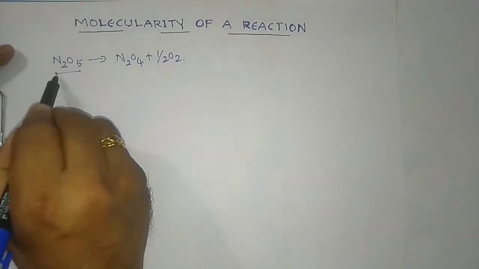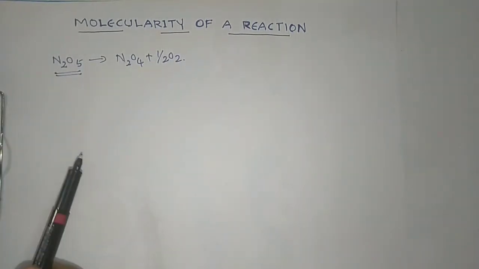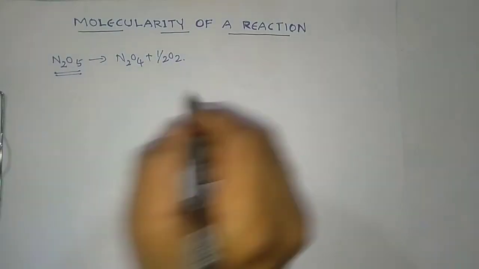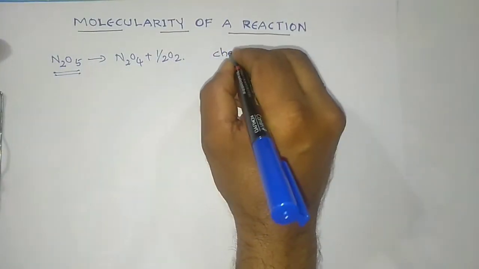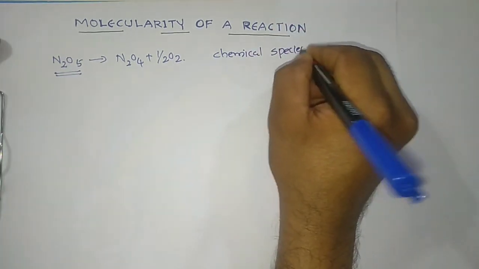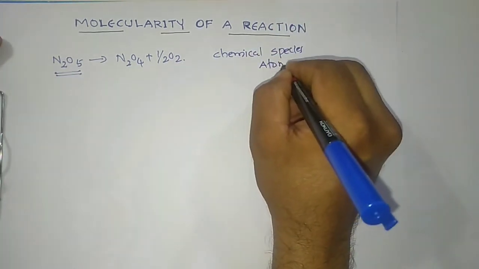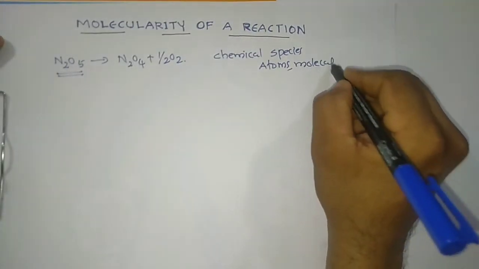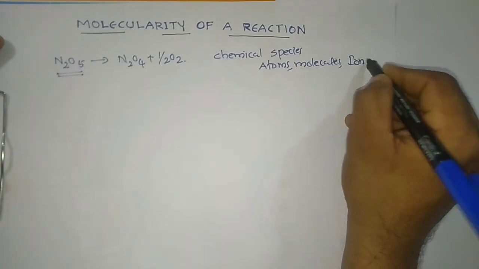Here, how many chemical species, or reacting chemical species, participate in the chemical reaction? Reacting chemical species, that is, reactant molecules. What is a chemical species? Chemical species means atoms, molecules or ions. These are the chemical species.